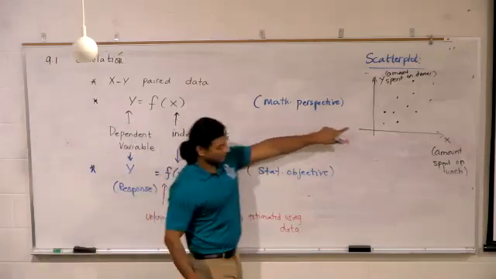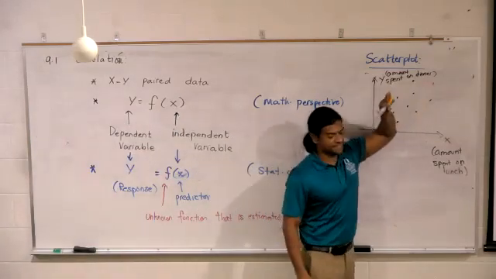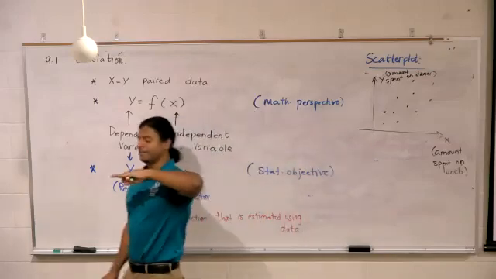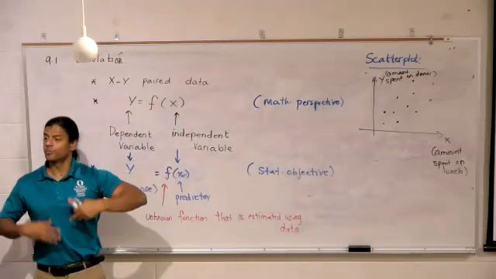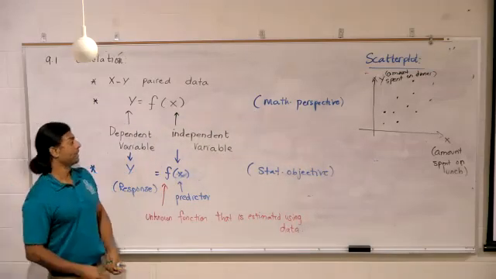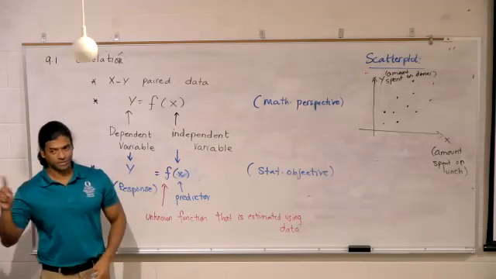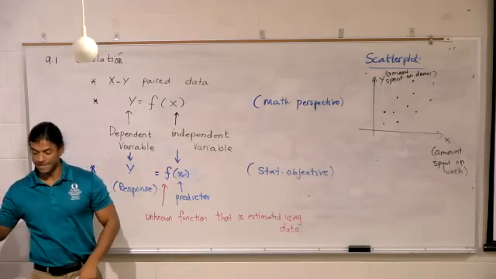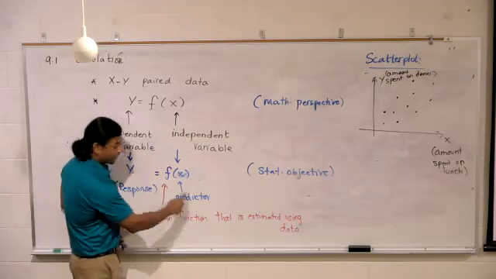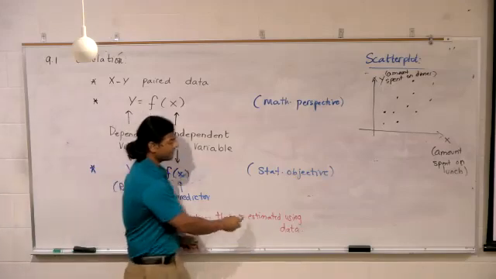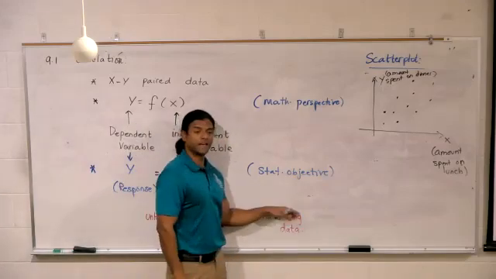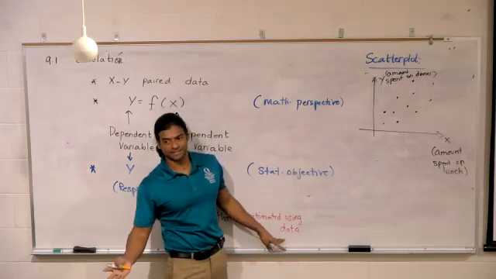So I look at this picture, I recognize a linear pattern, so I would go for y equals mx plus b. Still, I do not know the values of m and b. That's why I call it unknown. And I can estimate the values of m and b using the data.